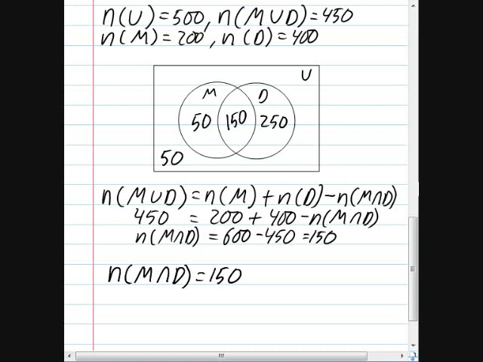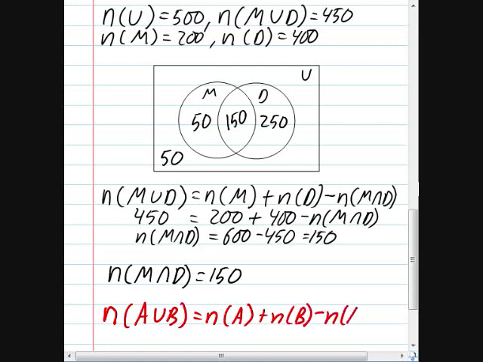In the process of solving this problem, we derived a very important formula, the cardinal number of a union formula. If you want to know the cardinal number in A union B, this can be found by counting the number of elements in the set A plus the number of elements in the set B, subtracting off the number of elements in A and B because those elements were double counted.